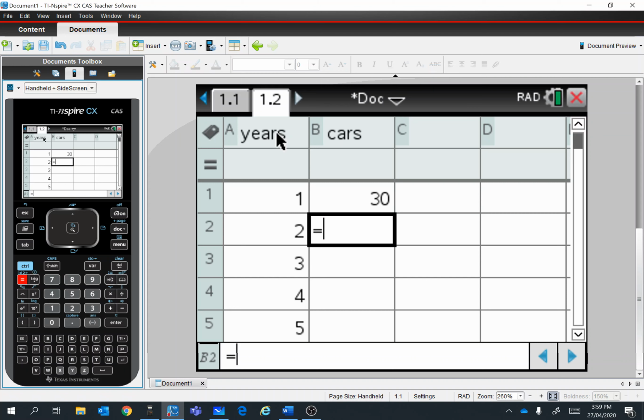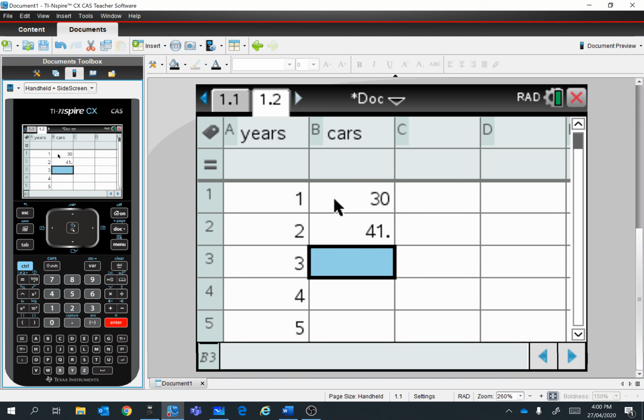So this cell is equal to 0.7 times, and we're going to multiply by that first term. We're going to use that first term to generate the next term in the sequence. Now this term actually sits at cell B1. See that? B1. So I'm going to tap B1 and then add the 20. See how it looks like the difference equation there? If I enter that, we get 41, which matches what we got before.